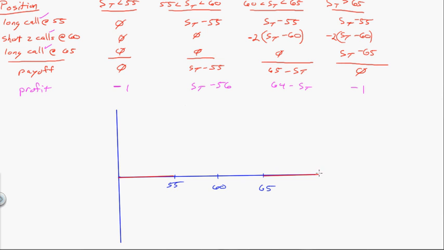If I'm above 65, my payoff is 0. Okay, so if I'm at 60 exactly, 60 minus 55 is $5, and 65 minus 60 is $5. So if I'm at 60 exactly, it's $5. So this point right here is $5.